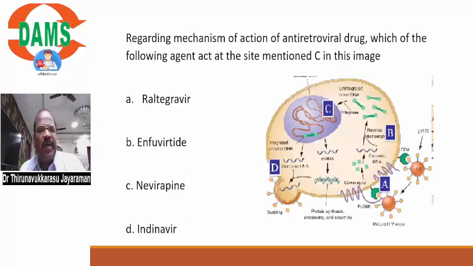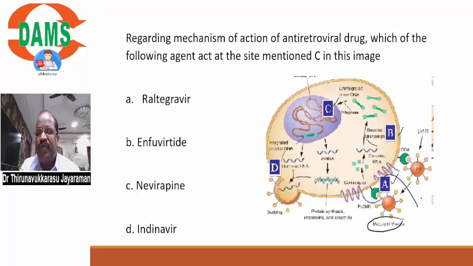Next, regarding mechanism of action of antiretroviral drugs, which of the following agents acts at the site mentioned, see in this image. Look at the image. They gave options A, B, C, D. Which is acting on site C? First, go through option A. It is inhibiting the attachment of virus with the CD4 cell.